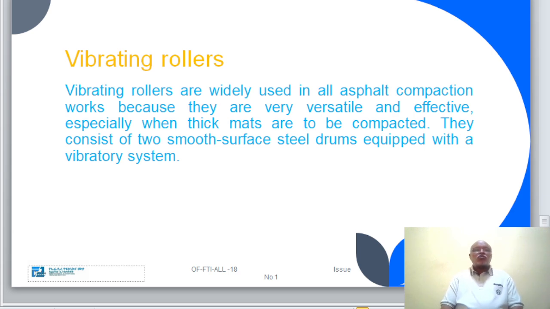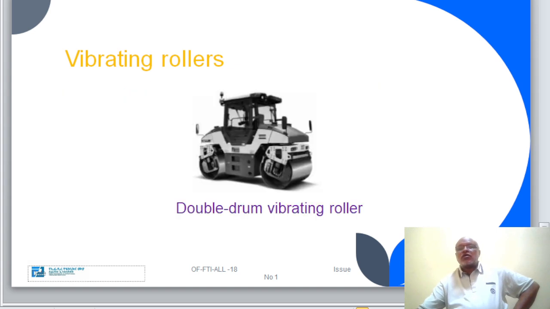The compaction is achieved through the combination of static and dynamic loading. Modern vibrating rollers are capable of varying both frequency and amplitude. The figure below shows a double drum vibrating roller. This is a double drum vibrating roller.